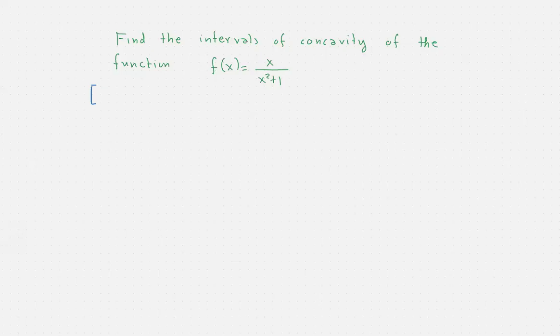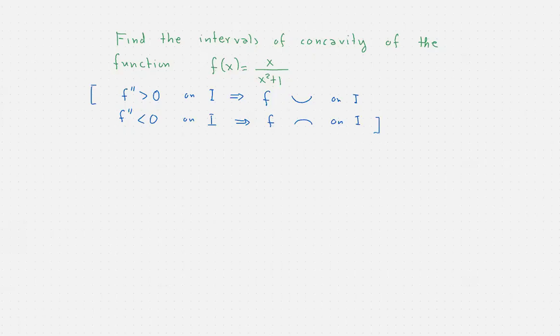And let's recall that if the second derivative is positive on an interval I, it's important that I is an interval, then f is concave up, so I'm going to denote it with a smile on I. And if f double prime is less than 0 on I, then f is concave down on I.